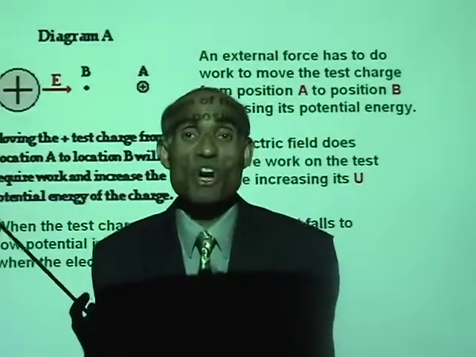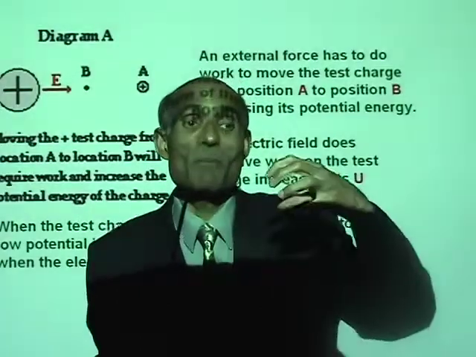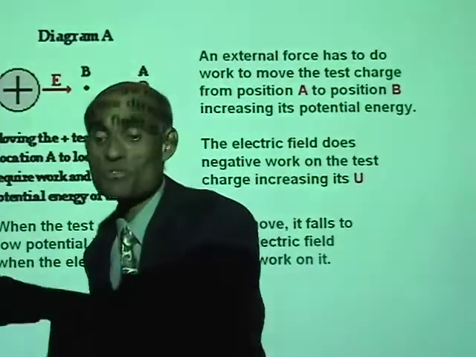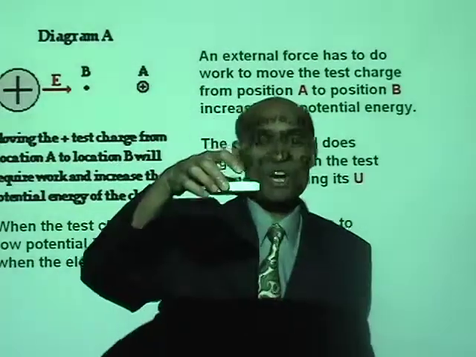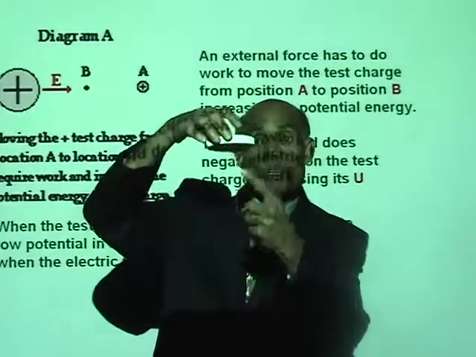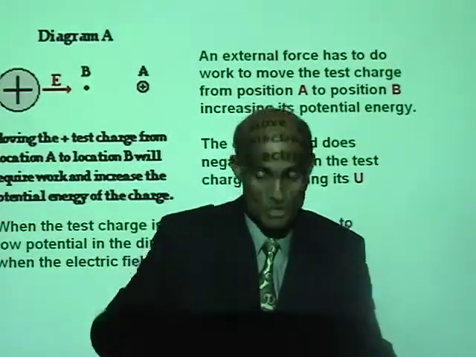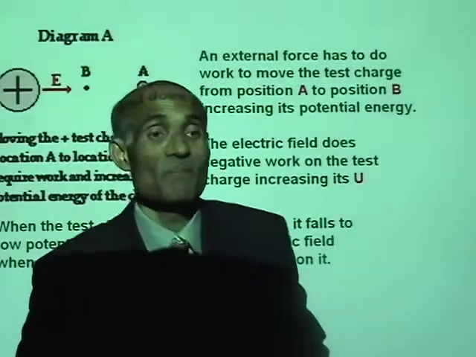The direction of motion of a positive charge is from a high potential to a low potential, just like the direction of motion of an object is from a high potential to a low potential. Our positive is our test charge.